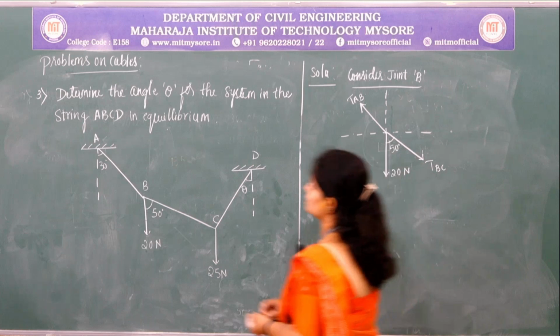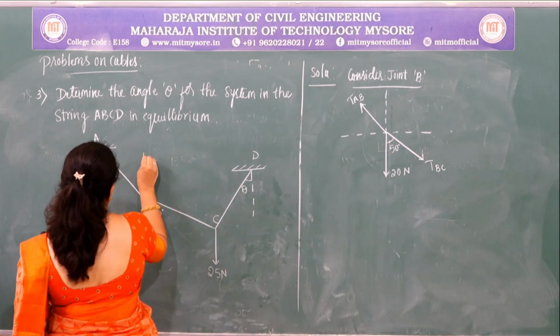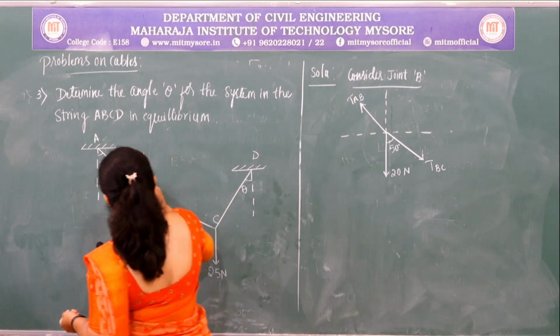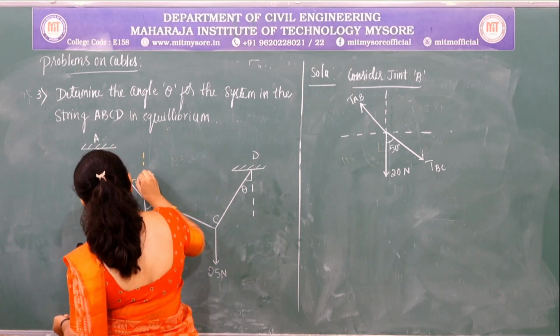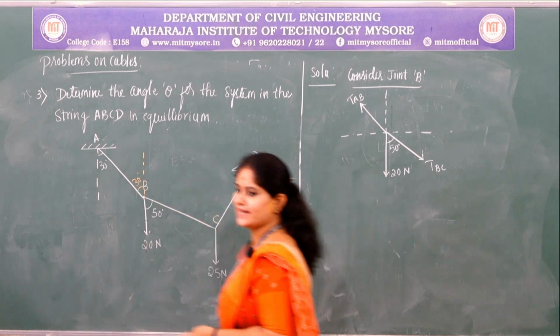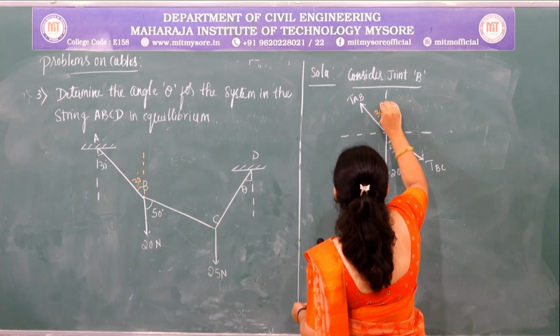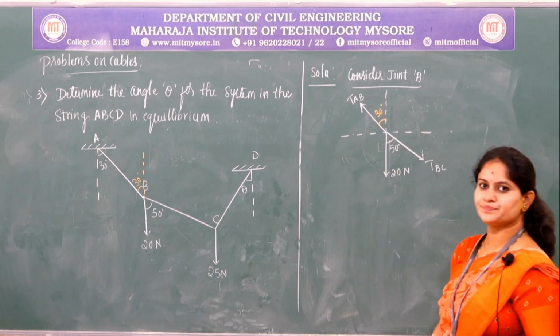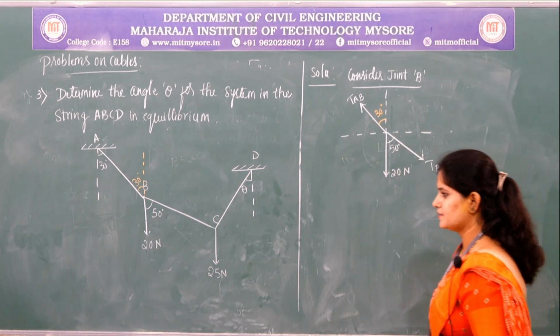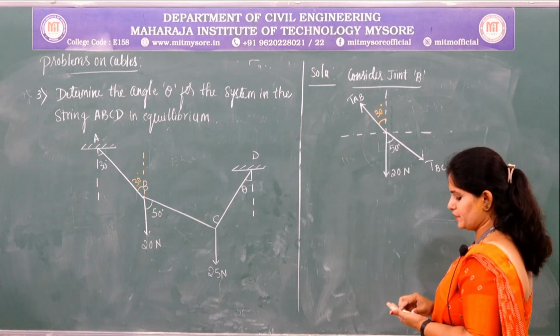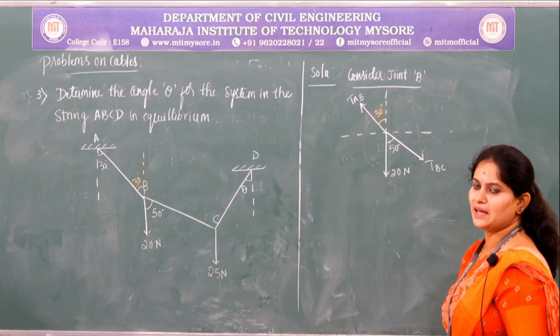So the inclination angle of which is, through alternate angles, the inclination angle with respect to y-axis is 30 degree. So this is 30 degree, right? Now we need to know the remaining angles in order to apply the Lami's theorem.